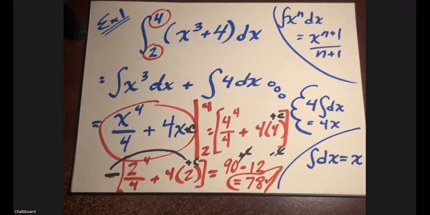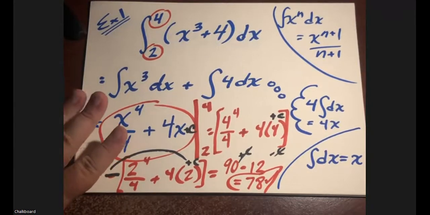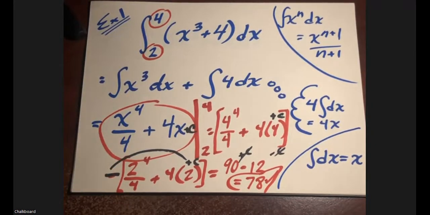Okay. There is something else I want to share with you that is a practical application of what this means before we go on to example 2. In this case, talking about x cubed plus 4. Now, x cubed plus 4 is a very specific function.